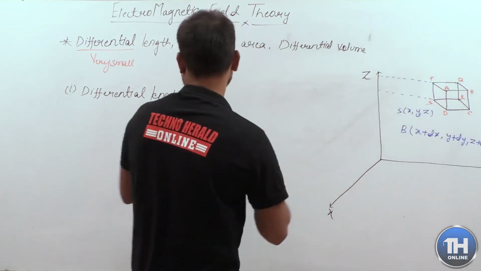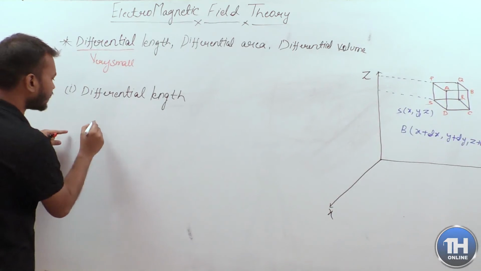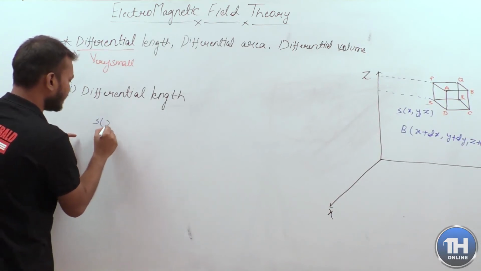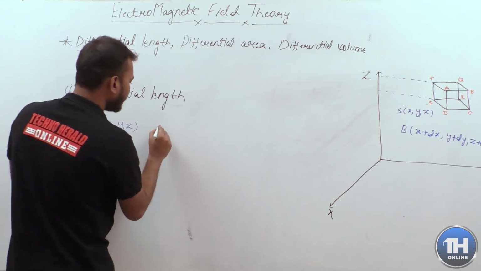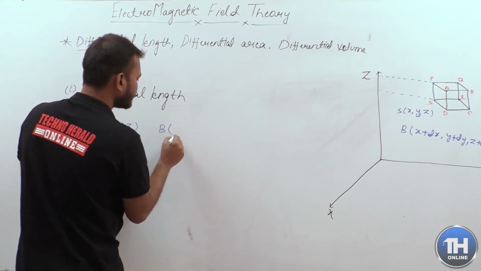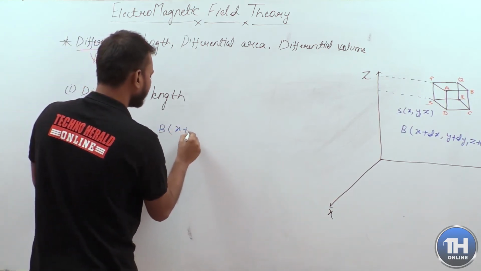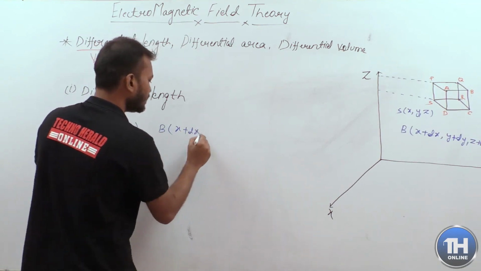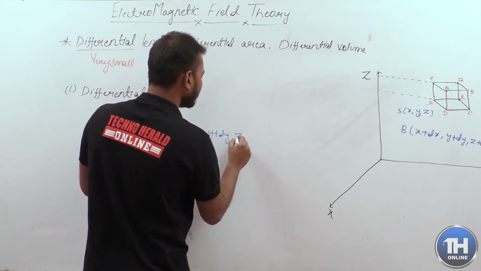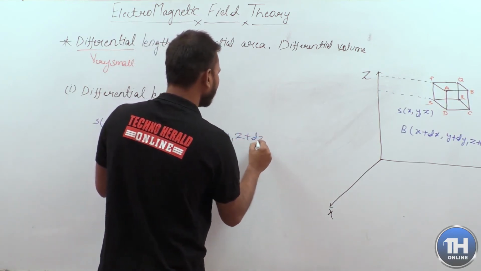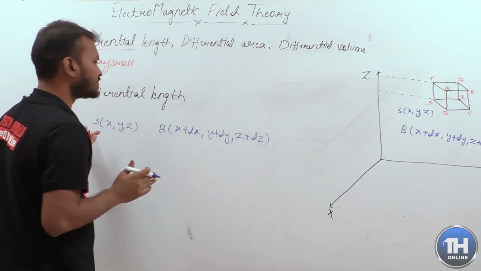Let's again write this here. The coordinates of S are X, Y, Z, and coordinates of the point B are X plus dx, Y plus dy, Z plus dz. Then what does it mean?